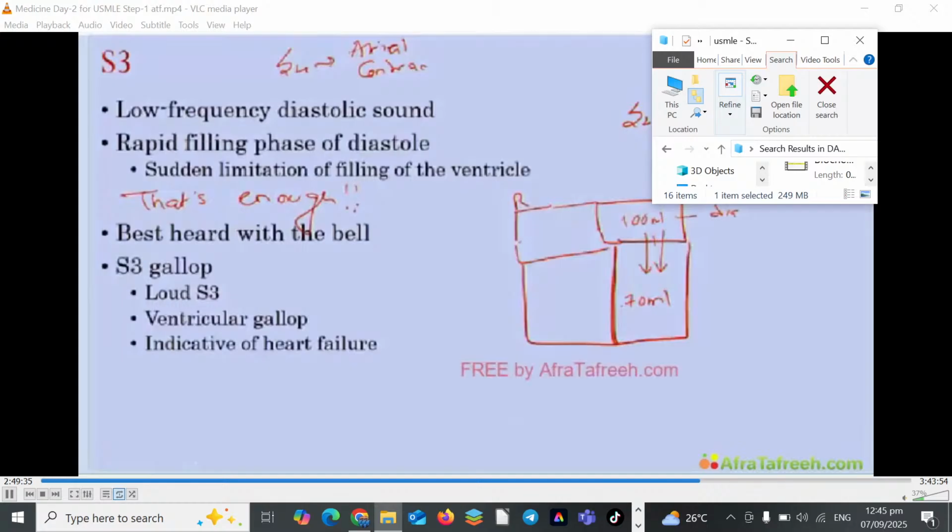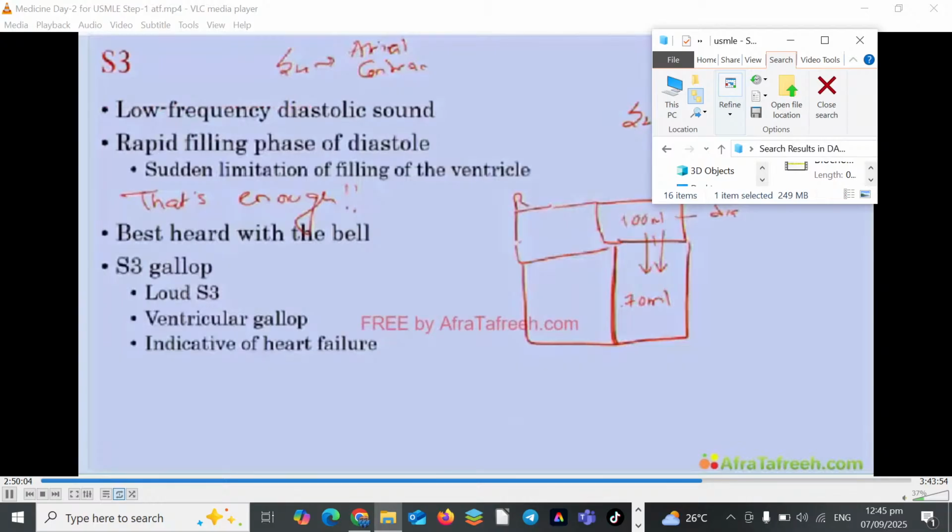That is your S3, and then when the atria force blood after that, that is your S4. I cannot simplify it further, at least till date. So I hope this is clear. Is it clear? Pune and Nagpur, I hope it is clear.